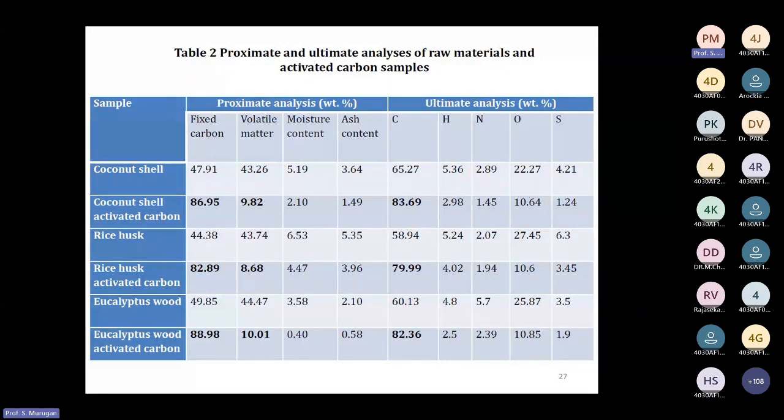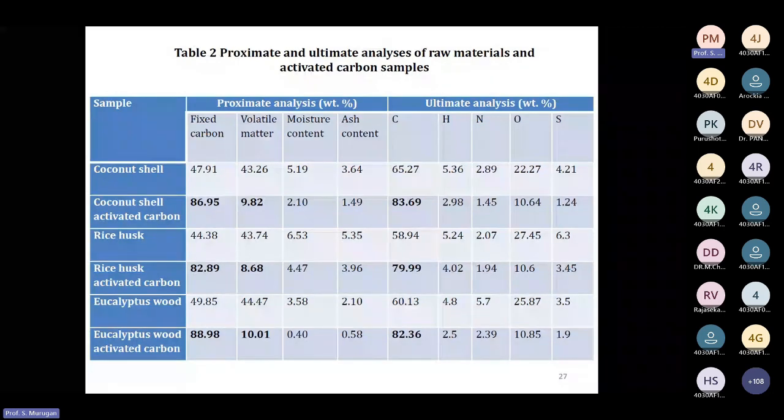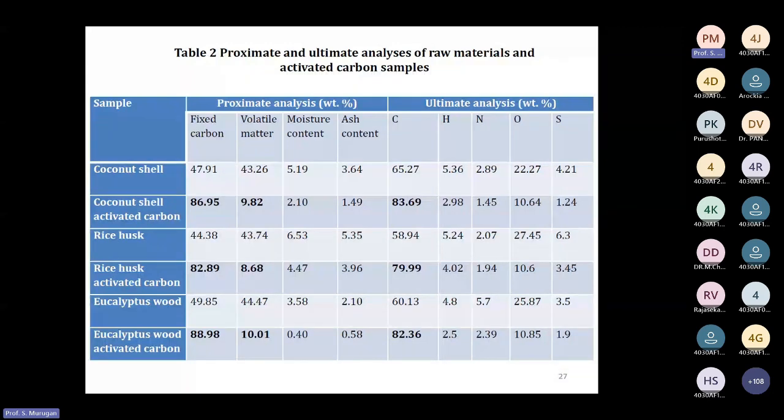If you see this, the amount of fixed carbon available in the activated carbon is very, very important. If you just look at it, coconut shell activated carbon, rice husk activated carbon, and eucalyptus wood activated carbon are above 80 percentage fixed carbon. That's a good sign.